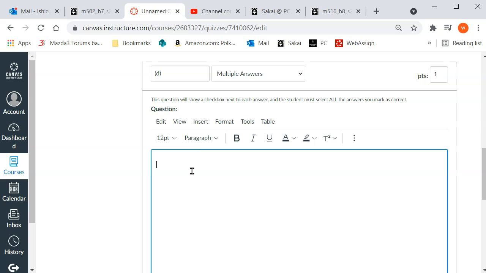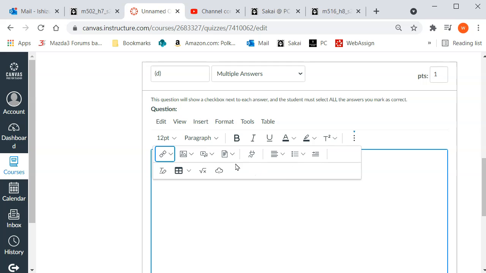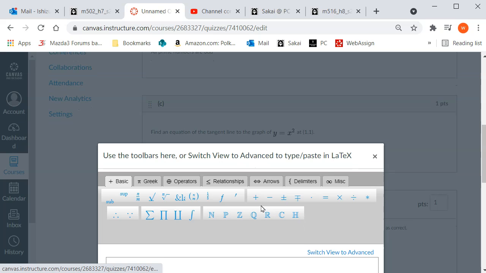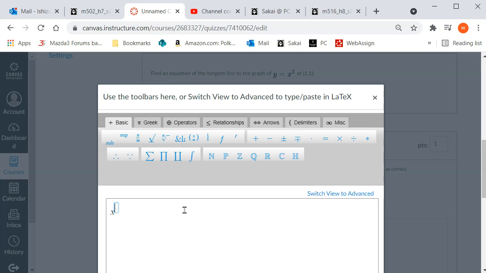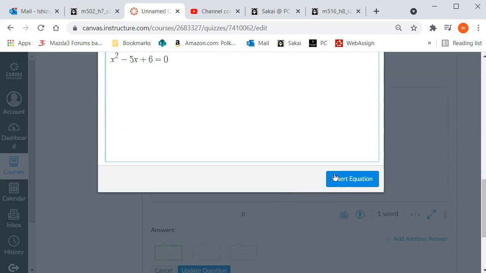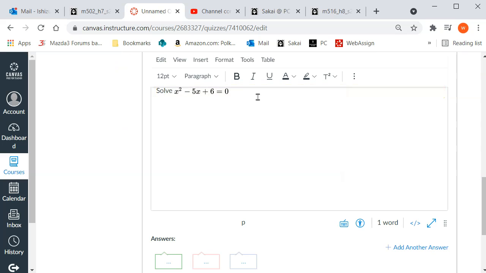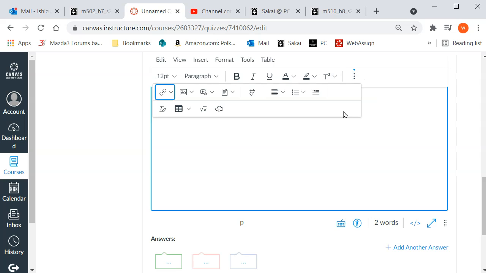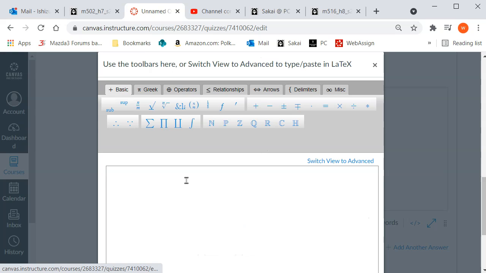So we can do something like solve this quadratic equation because it's going to have multiple solutions likely, like x squared minus 5x plus 6 equals 0 or something like that. So for x, I'm going to try to use this, so x.